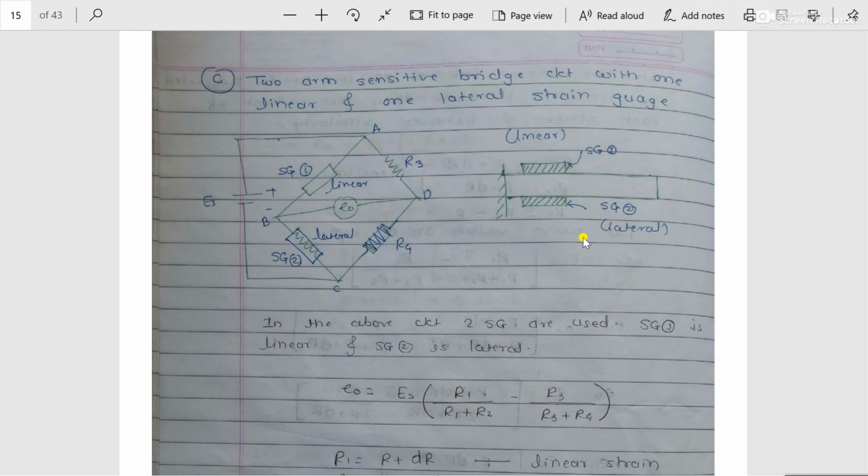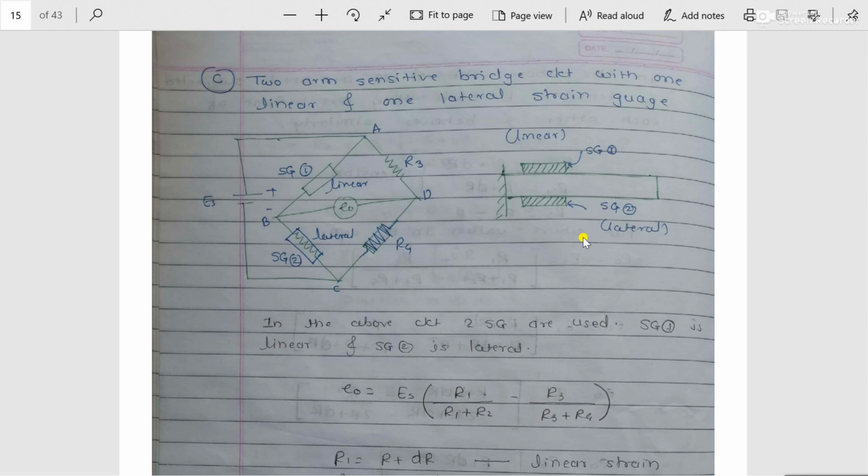Because in the Wheatstone bridge circuit, if all the strain gauges are linear strain gauges, their output is obtained only in the form of K into epsilon. But in the same bridge circuit, if one or more lateral strain gauges are introduced, then the output of that bridge circuit is obtained in the form of mu, because wherever we introduce this lateral concept, we have to introduce mu.